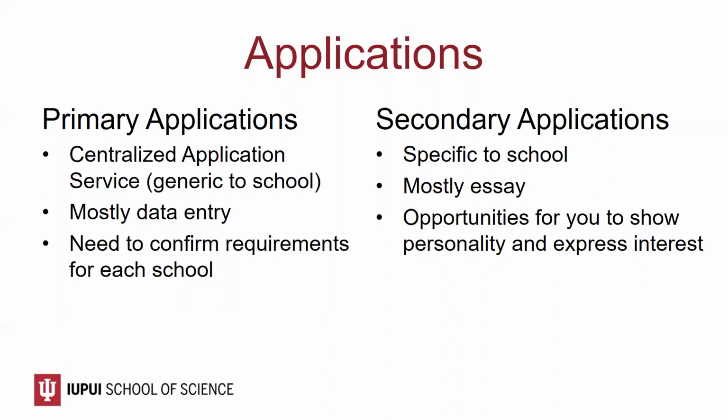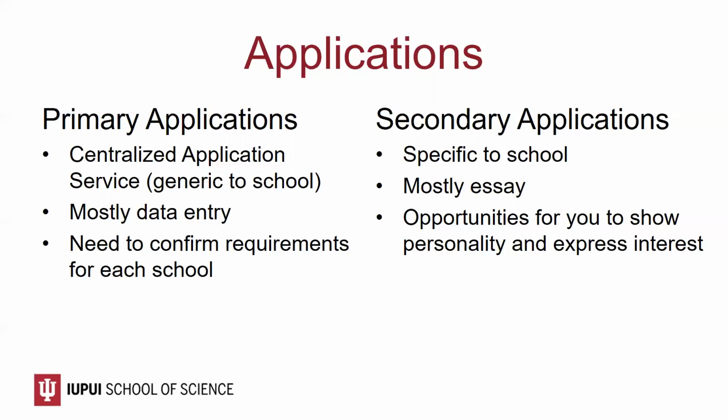The secondary application will come typically later. Many schools will send secondary applications to every student for whom they receive a verified application. However, some schools may choose to have an internal threshold, for example, a minimum GPA or DAT score, that they use to reduce the number of secondary applications that they send out.